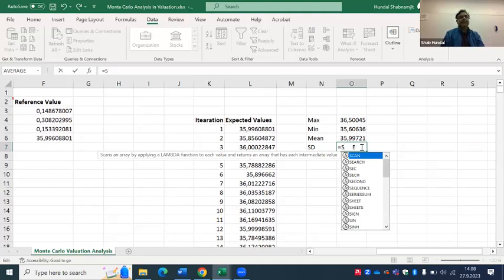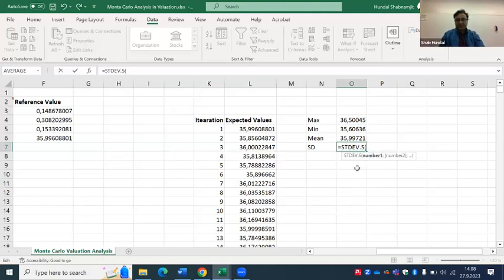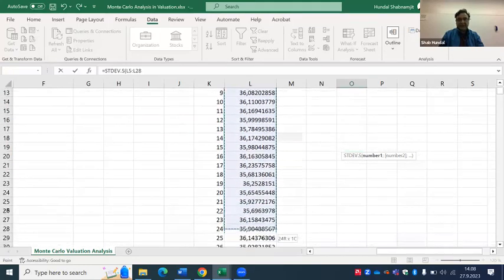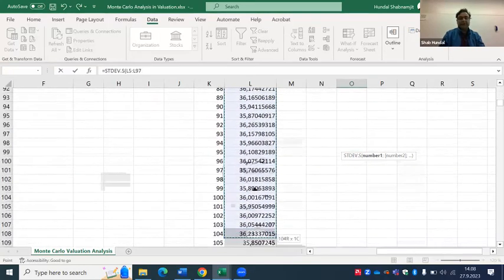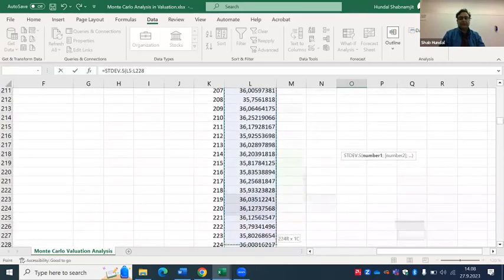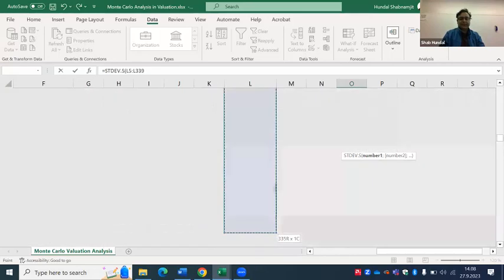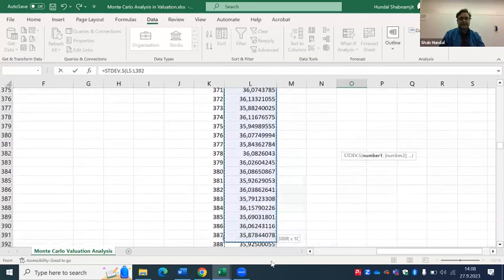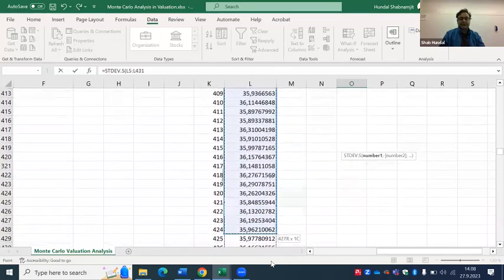S is the sample. P we use when we have larger values, but for sample values, we take S. So standard deviation S, and then you select the data, or just type it in. If there's a very big data set, it's easier to just type in. Dragging could take a while, but it doesn't take ages, just a few seconds.